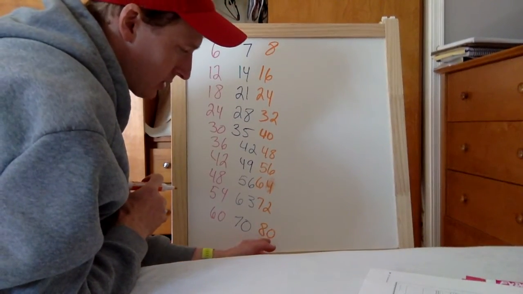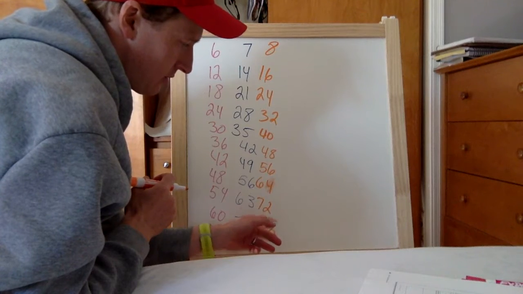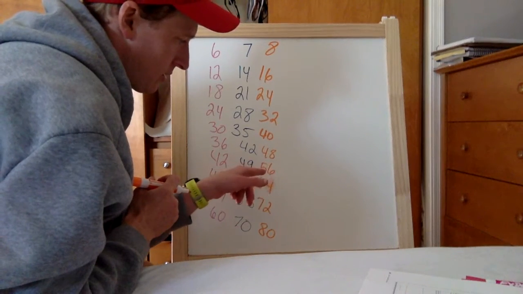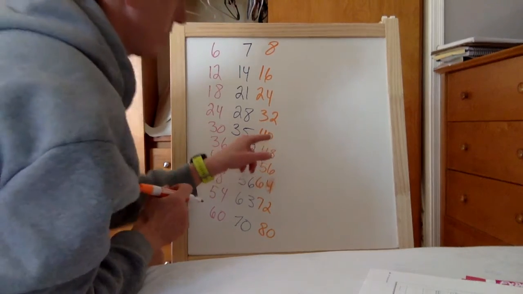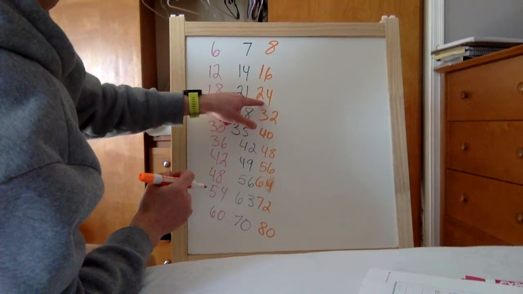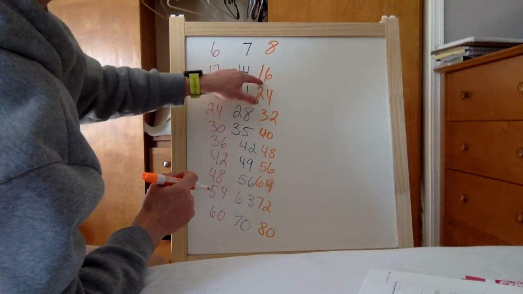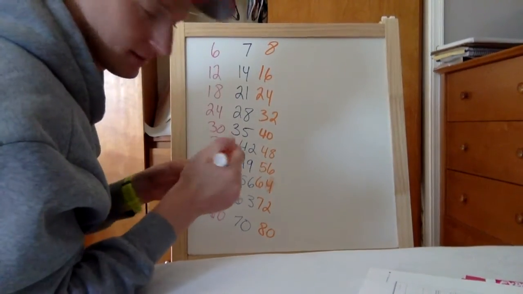And then we go backwards. 80, 72, 64, 56, 48, 40, 32, 24, 16, 8. All right?